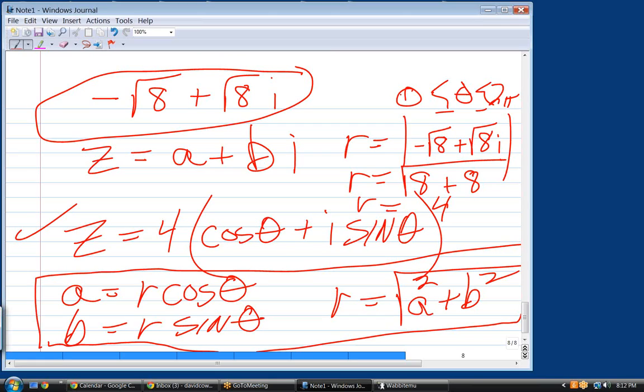Okay, this isn't the answer. We got to come up with what theta is. In my example, they're doing square root of 3 over 1, which is, what's the inverse tangent of that? That has to be 30 degrees.